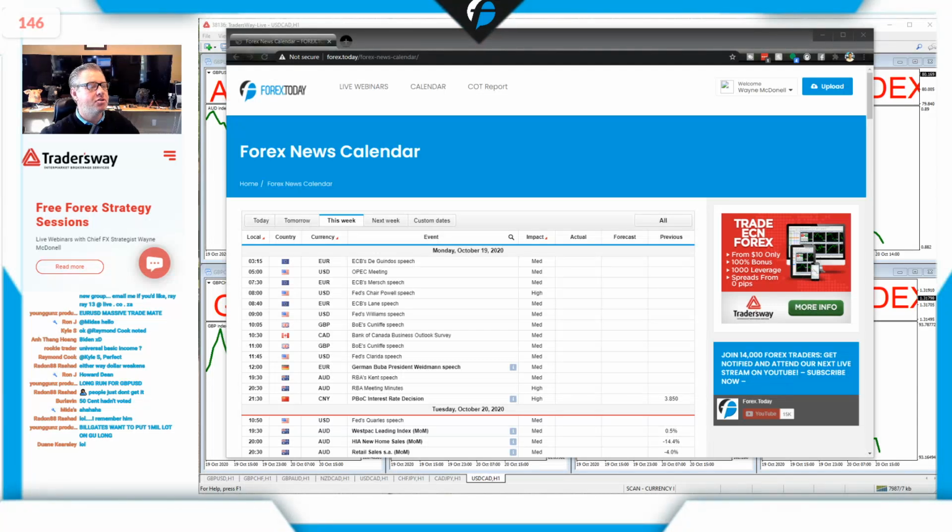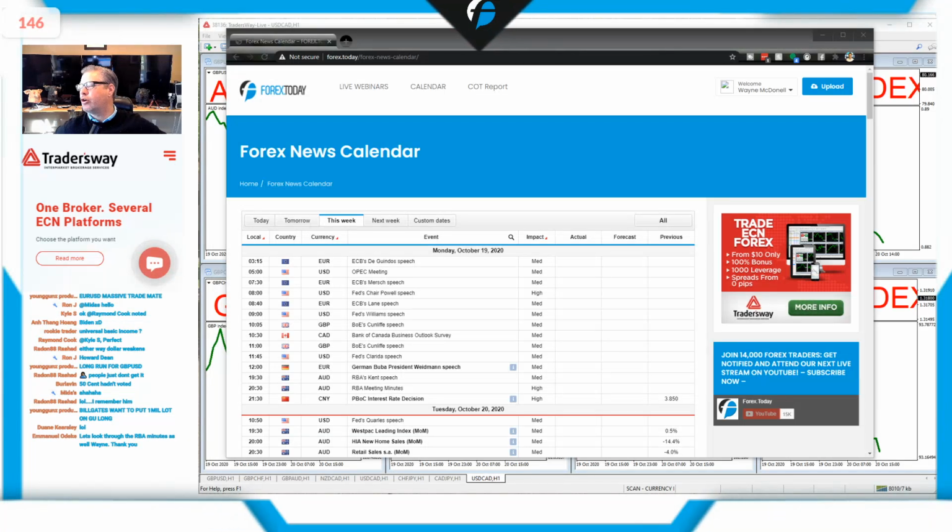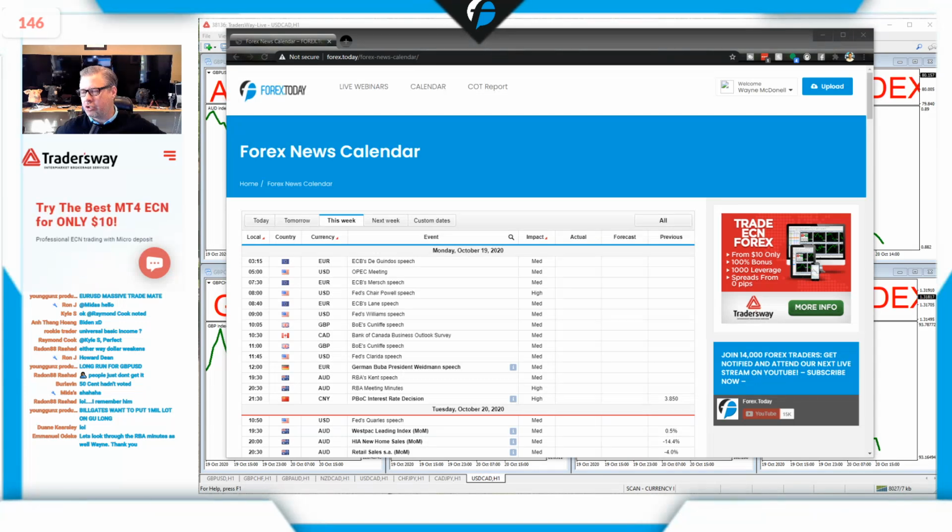So anyways, if we get both candidates to guarantee us a fiscal package, that will move the market. If a candidate clearly has lost, I don't mean Biden looks bad in front of the Republican base. That's not what I mean. Biden looks bad in front of his liberal base.